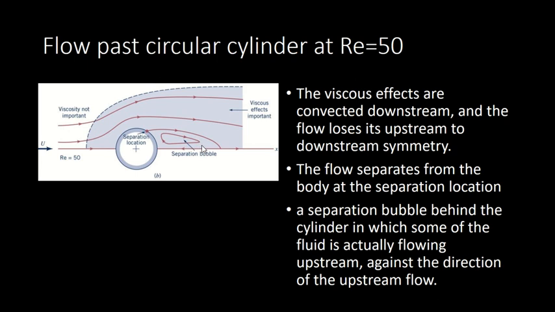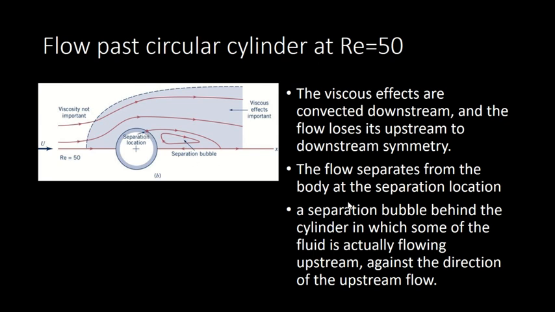The flow separates from the body at the separation location. At Reynolds number 50, the symmetrical streamline cannot be captured anymore, and in the wake region behind the body, separation happens at this separation location.